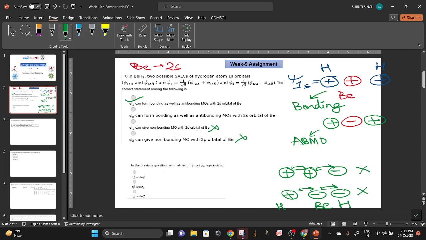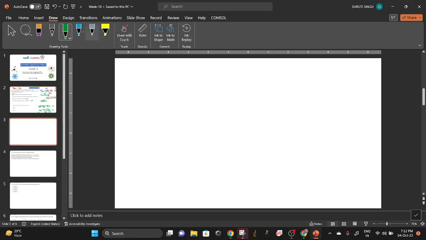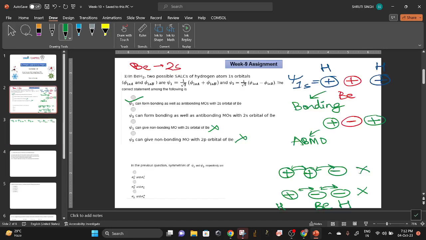Okay, and here I have added this extra question. So in the previous question, what can be the symmetries of Psi1 and Psi2? Psi1 is phi1s plus phi1s, and Psi2 is phi1s minus phi1s.